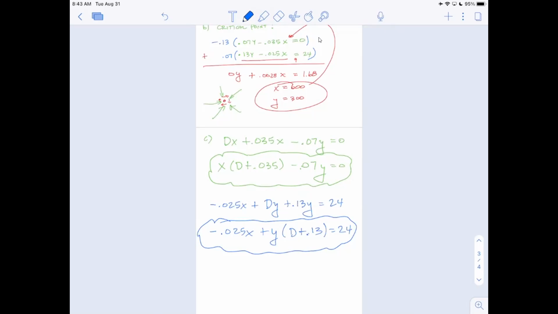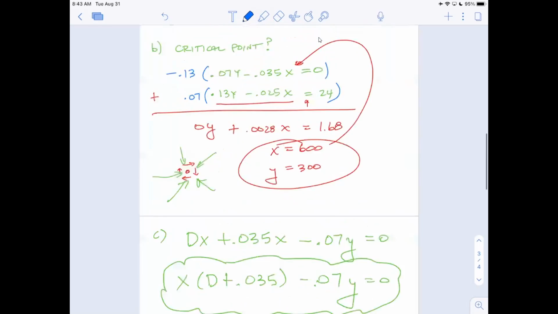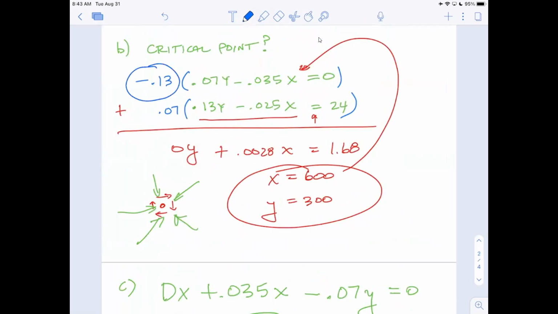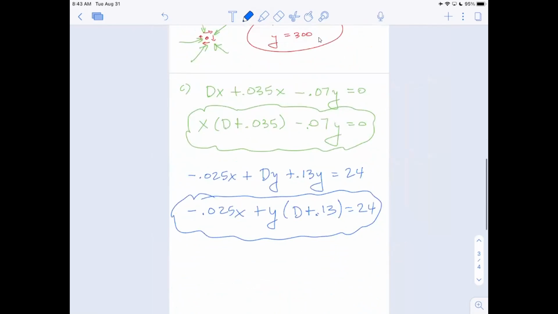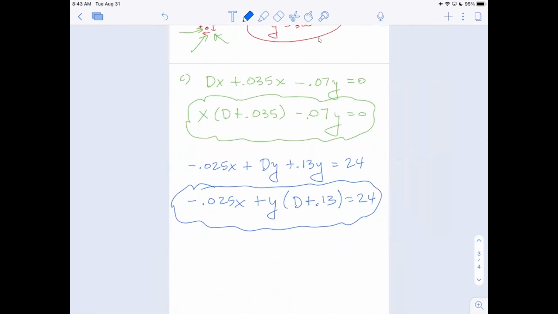that system of equations in the same way that we just did up here. I said, let's multiply by 0.13 and 0.07, and we got rid of the y's. And so it doesn't matter which one I pick to get rid of. I'm going to take the same exact approach.